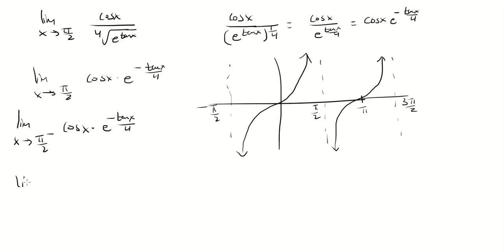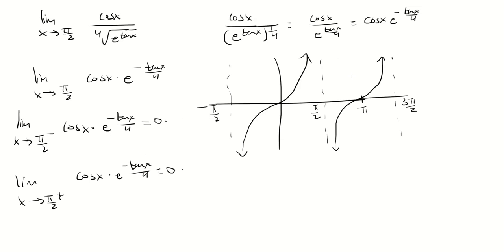The easy one will be looking at the left of pi over 2, but then from the right of pi over 2 will require a bit of work. Note that cosine of pi over 2 is 0 for both of these. And we just got to figure out e to negative tangent over 4.